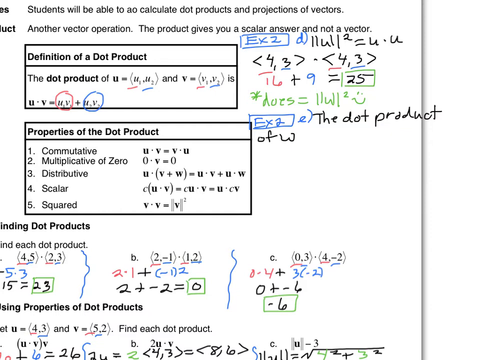With itself is 6. Arnold, you're supposed to be writing this. What is the length of W?